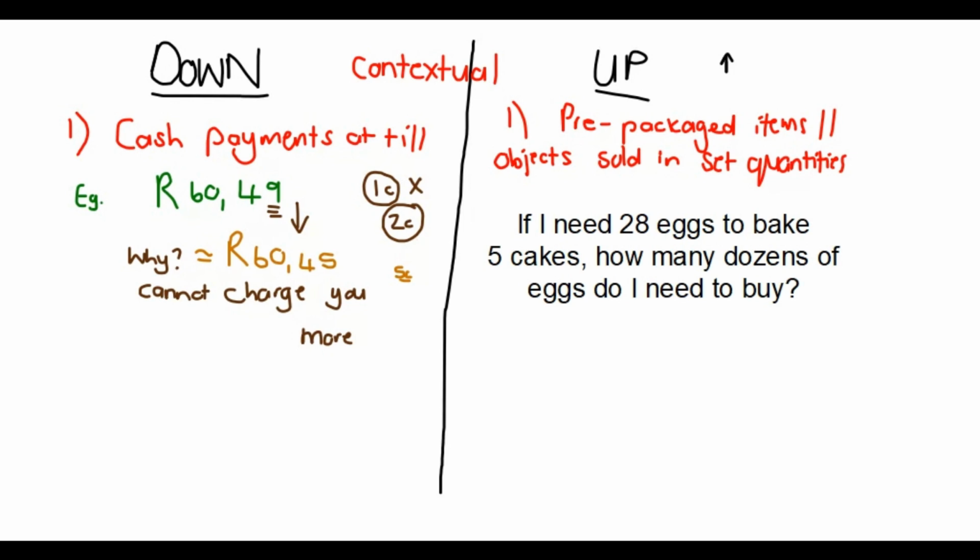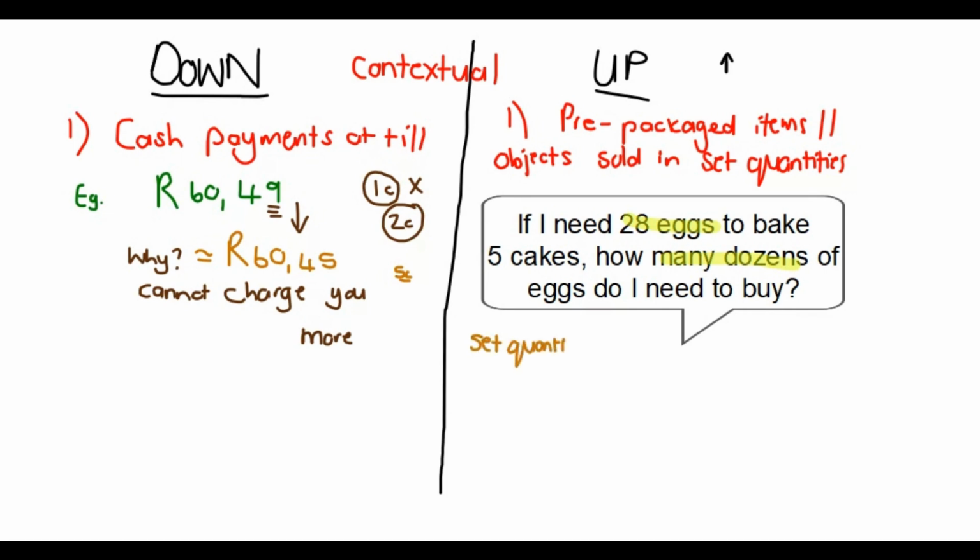Okay, in this case, I need maybe 28 eggs, yes, to bake 5 cakes. How many dozens of eggs do I need to buy? Remember, now it's sold in a set quantity. Eggs are sold in dozens, and a dozen eggs is 12 eggs.